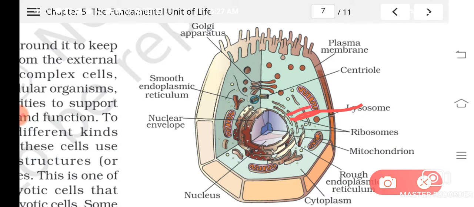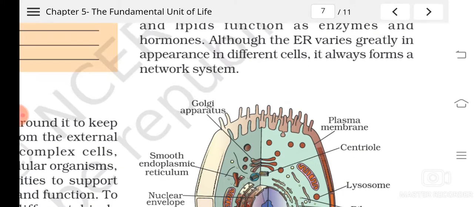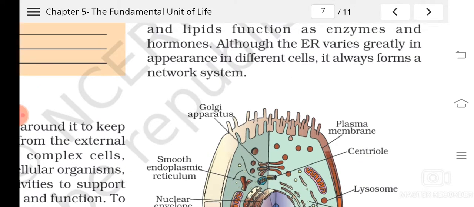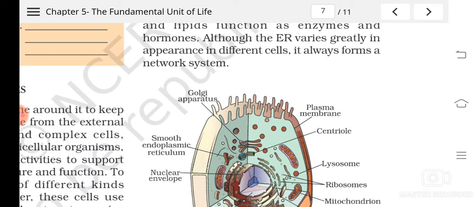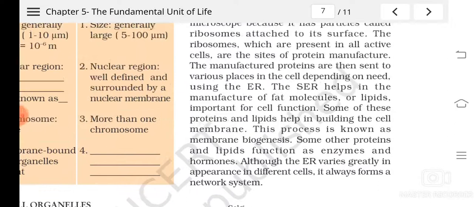And you can see SER here, smooth endoplasmic reticulum near the nucleus only, as sheets or tubes. The RER, which is associated with ribosomes, is the site of protein synthesis.